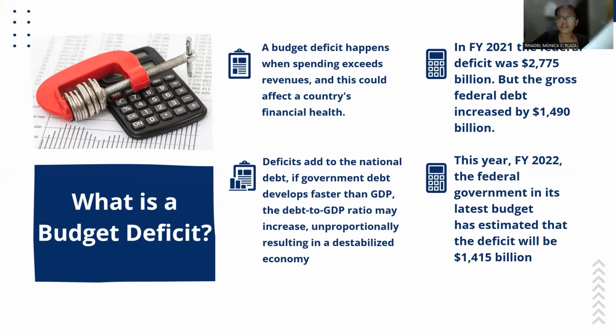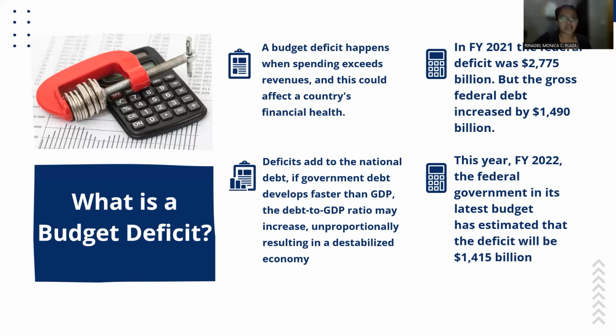In fiscal year 2021, the federal deficit was $2,775 billion, and the gross federal debt increased by $1,490 billion. And this year, fiscal year 2022, the federal government in its latest budget has estimated a deficit of $1,415 billion. So why would this happen?